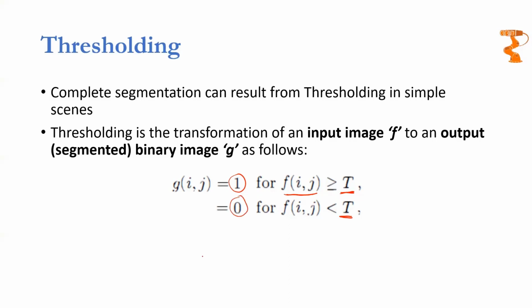So you are going to get a binary image as output, which will have 1 in place of, for example, an object, and zeros everywhere else. This is the simplest segmentation technique, and we have already used it.